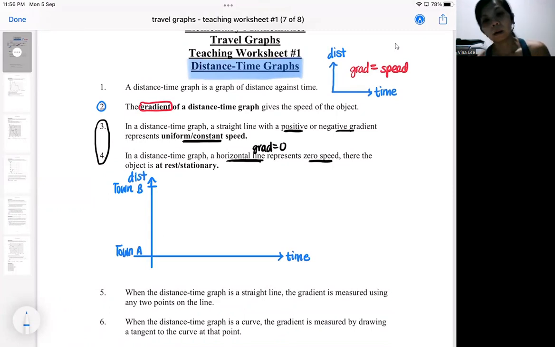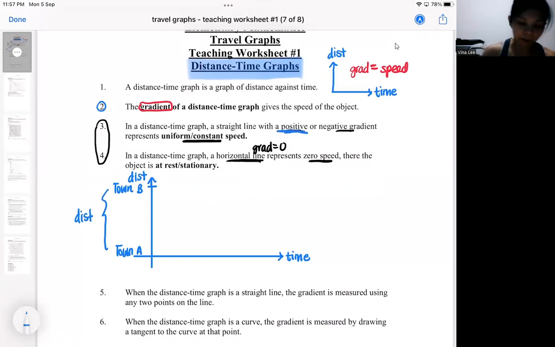So we can tell the distance between two locations. And when we have positive gradient, for example, I start something like this, and then like this, then I'll continue.